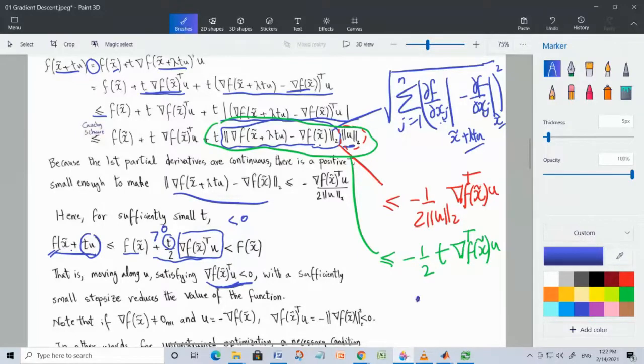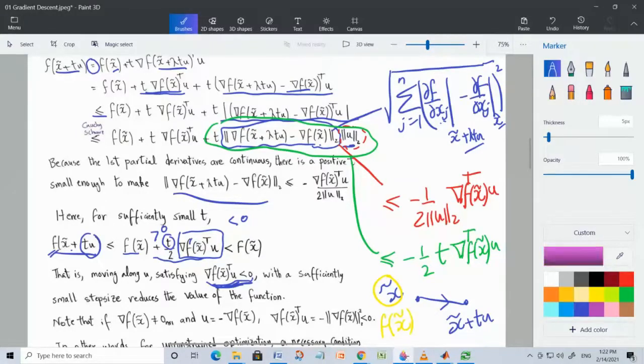So here is f of x tilde, and then there is a direction u, and you move to x tilde plus tu. If this inequality is satisfied, then there is a t small enough such that you can move to x tilde plus tu. If you evaluate the function at x tilde, you get f of x tilde.